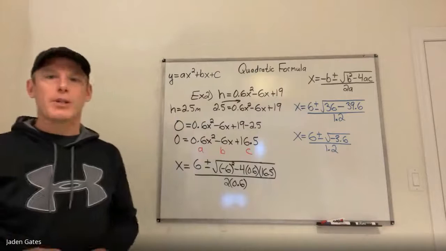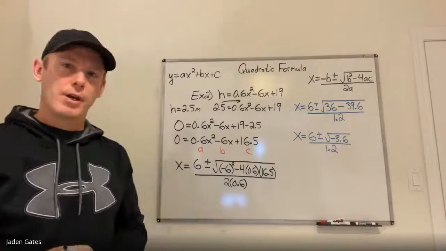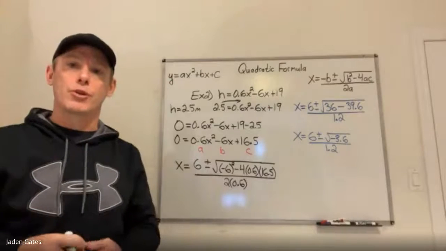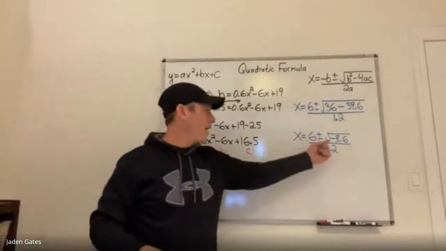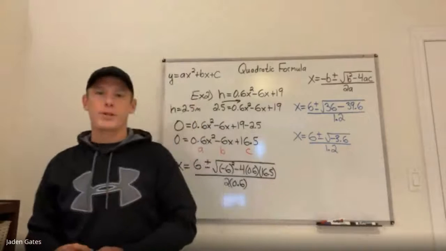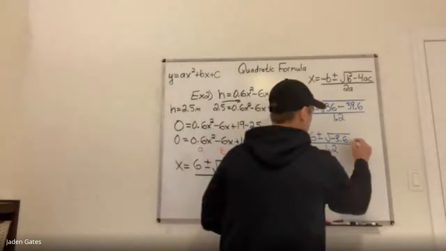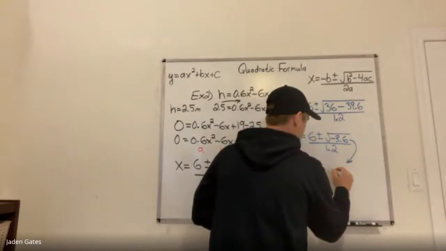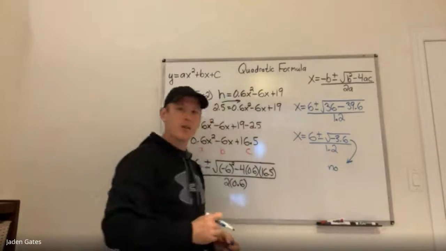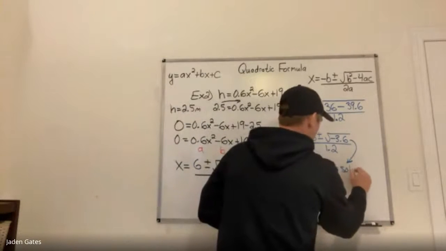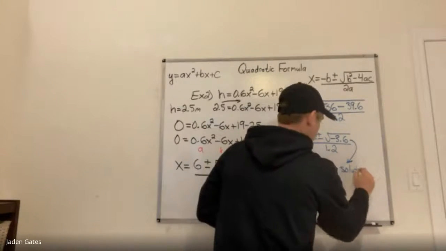Now, this is something that we had happen with solving quadratic equations when they were in vertex form, when we took the square root. I have the square root of -3.6. We can't take the square root of a negative number. So that means, and this happened when we solved in vertex form, the answer is there's no solution.